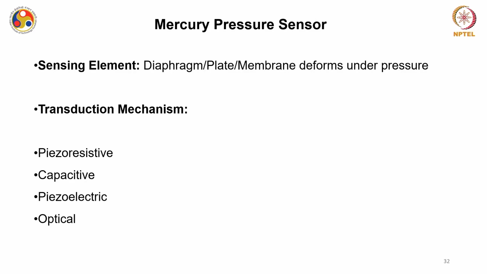Therefore various other precise pressure sensors have been proposed over time, particularly based on MEMS technology. Most of the devices are either diaphragm based, plate based or membrane based, and they deform under the applied pressure.